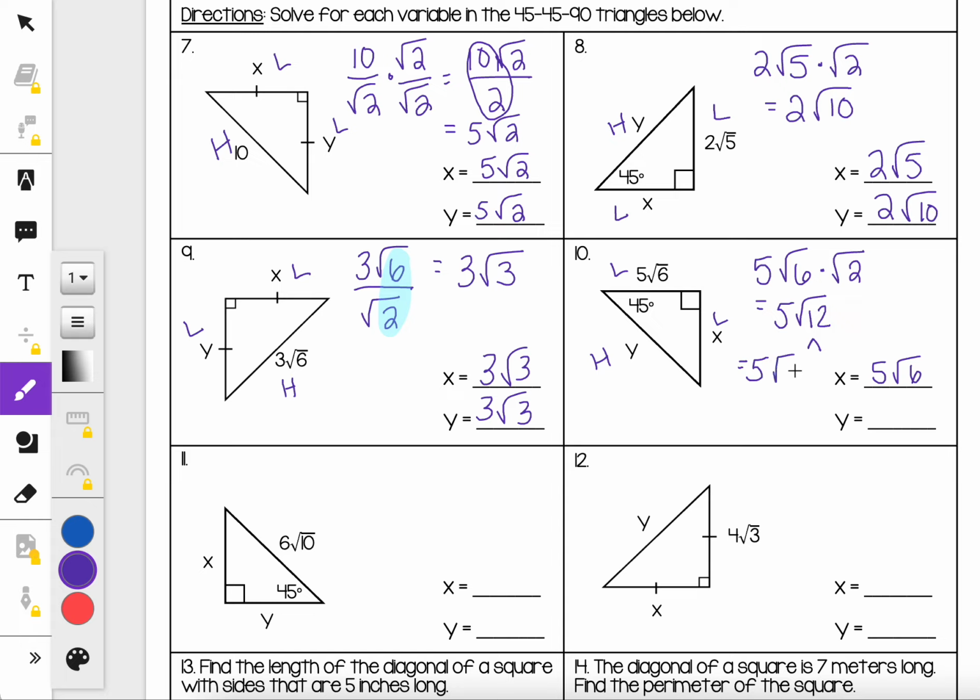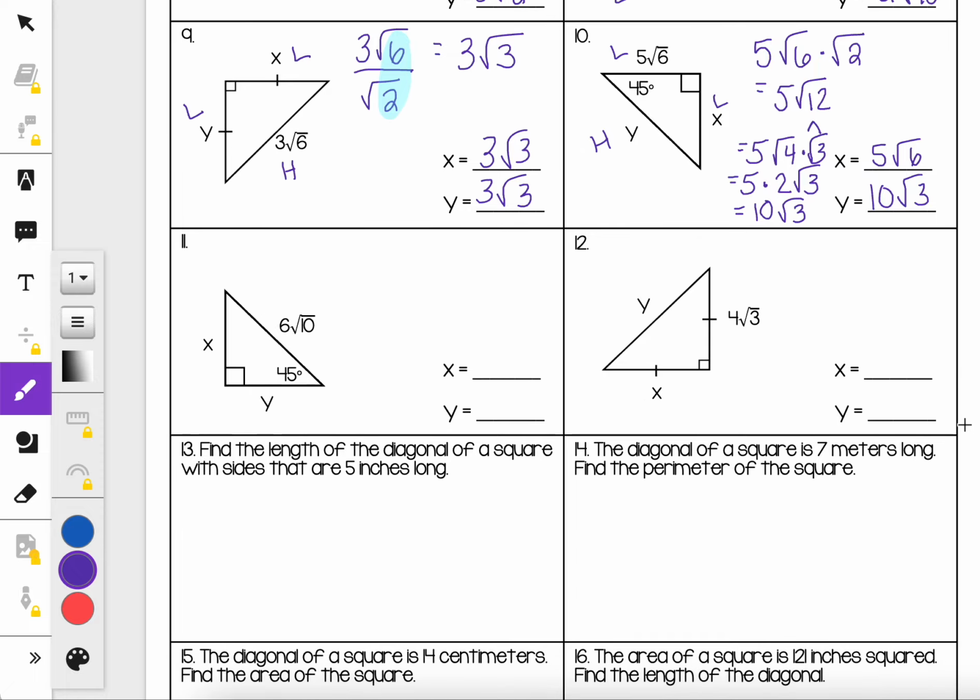All right, this is the square root of 4 times the square root of 3, which is 5 times the square root of 4, which is simply 2, times the square root of 3. And my numbers outside of the radical can be multiplied together, leaving me with 10 times the square root of 3.